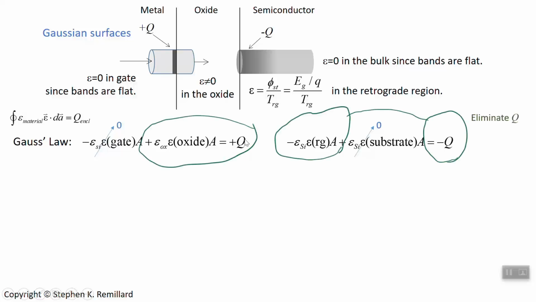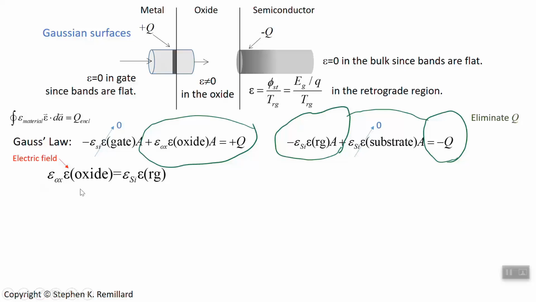Let's eliminate Q between these two expressions. We have the term that's 0 for each of them, the end wall where there's no electric field. So we're just left with certain things. So we can eliminate Q between these two equations. We'll do that. And you have the permittivity of the oxide times the E field in the oxide equals the permittivity of the silicon times the E field contained inside the retrograde region.